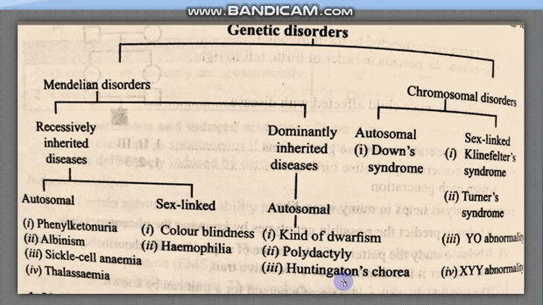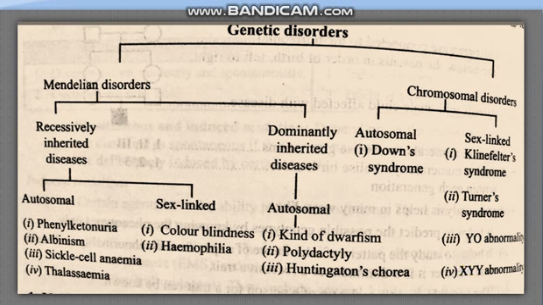Then the second type of genetic disorders are the chromosomal disorders, and we can study these under two headings. One is the autosomal chromosomal disorders and the other is the sex-linked chromosomal disorders. Under the autosomal chromosomal disorders, we can study Down syndrome, and in sex-linked chromosomal disorders, we can study Klinefelter syndrome, Turner syndrome, XO abnormality and XYY abnormality.